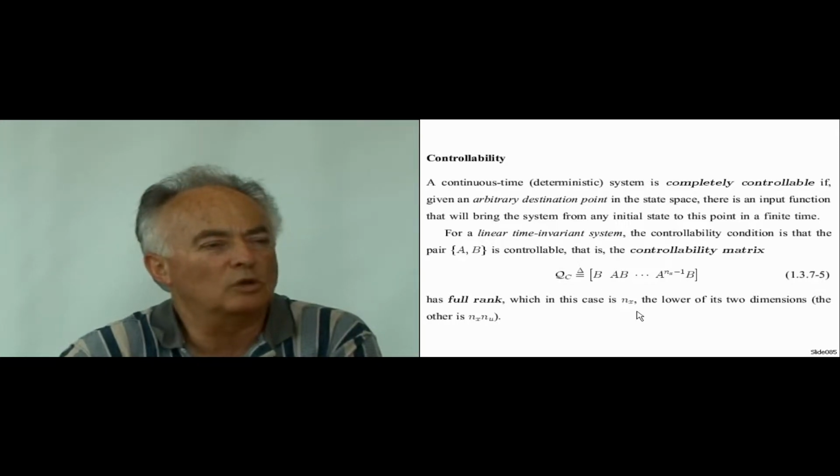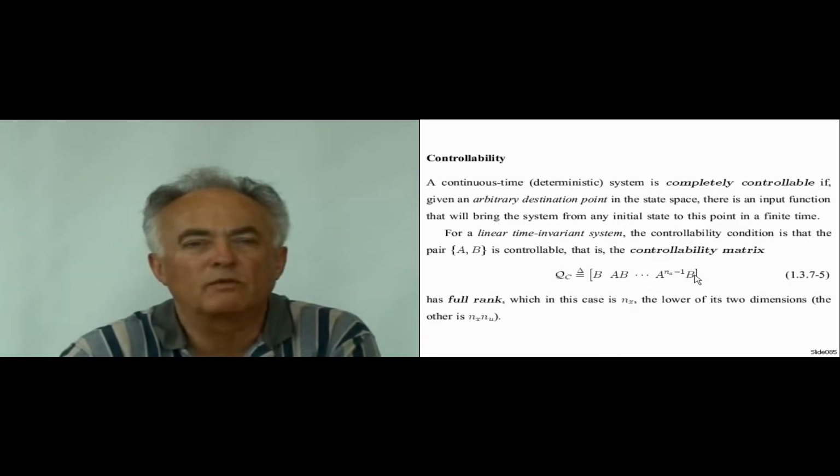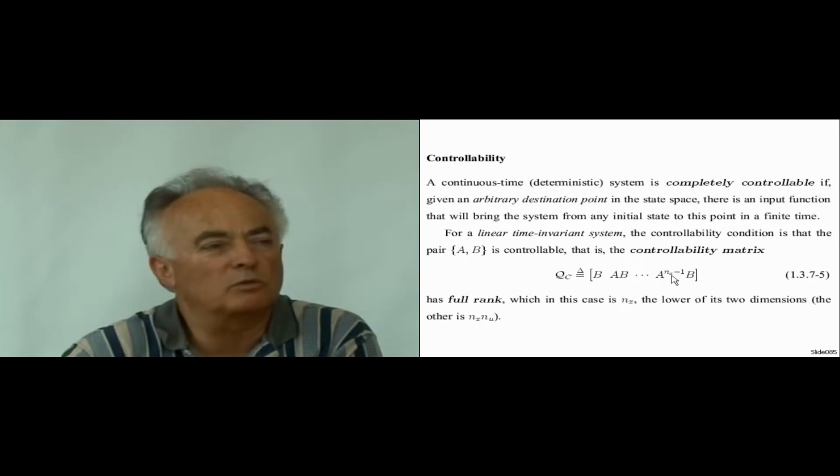So this is the lower of its two dimensions. The other one is nx times nu. So if this matrix is of full rank, then there is a control function which can bring the system from an arbitrary initial point to an arbitrary finite point within a finite time.